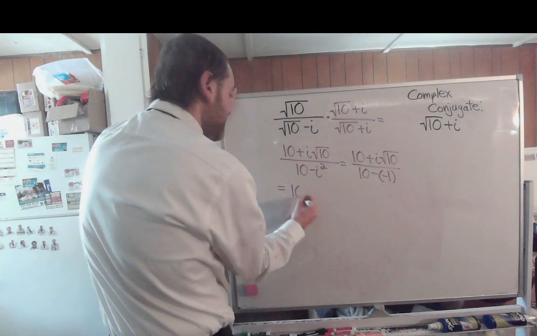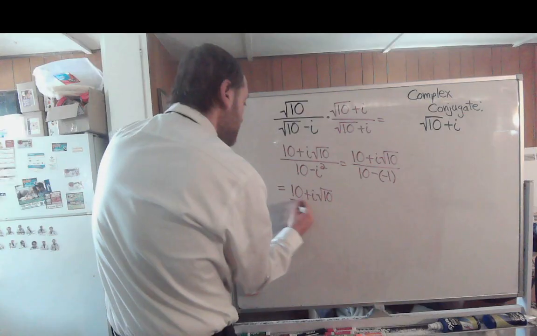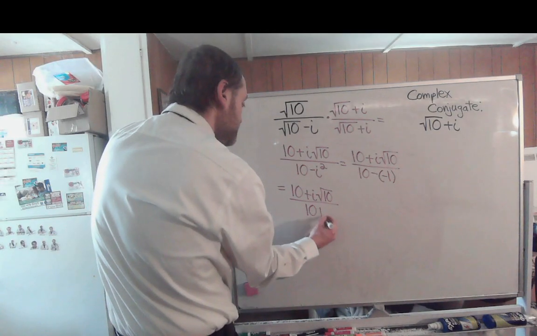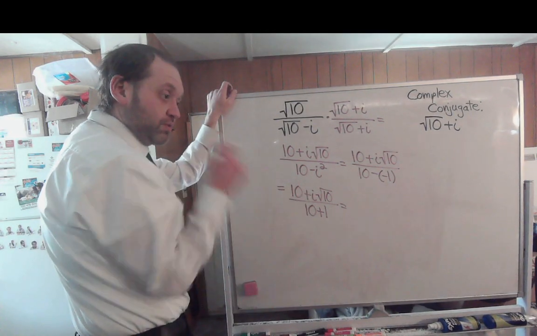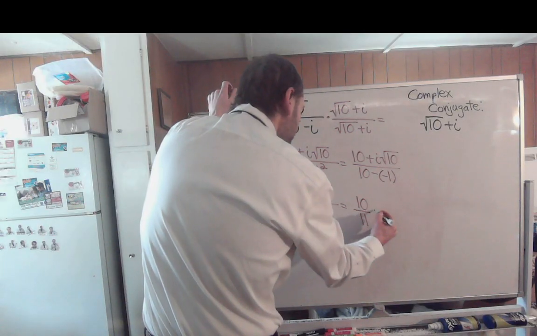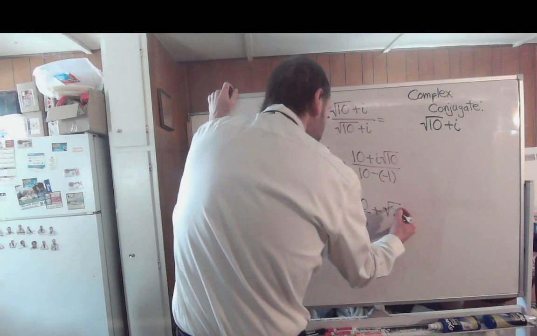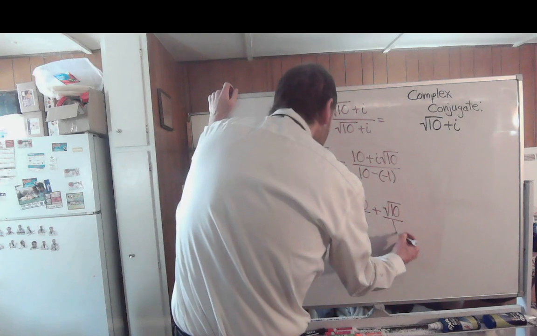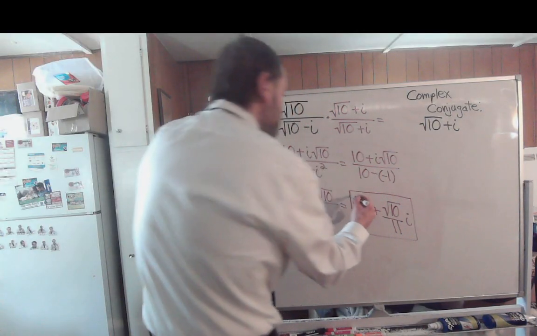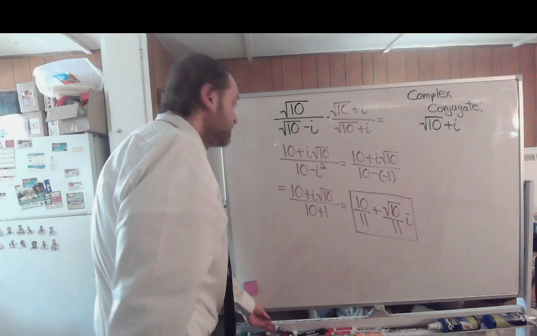So you would end up with 10 plus i times the square root of 10 in the numerator over your denominator, 10 minus negative 1. That would turn into 10 plus 1, which means your complex number in standard form will be 10 over 11 plus the square root of 10 over 11 times i. So that is your complex number in standard form, 10 elevenths plus the square root of 10 over 11 times i.